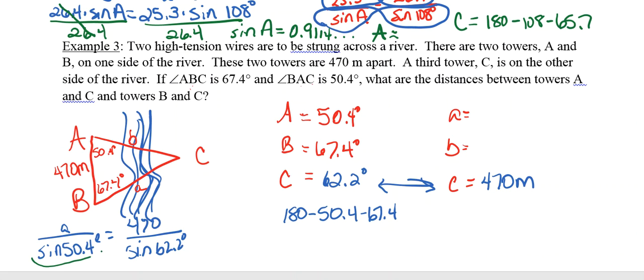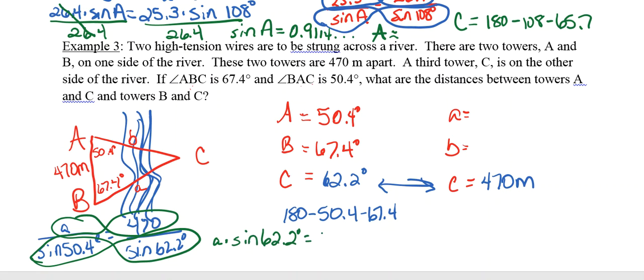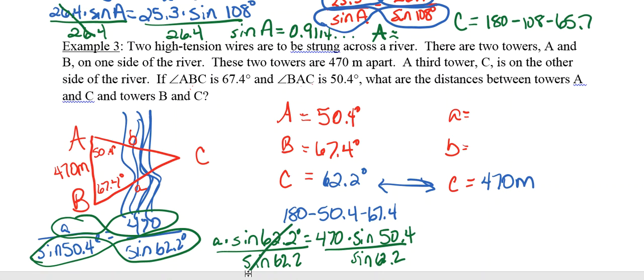Do our cross multiplying. So I have A times sine of 62.2 equals 470 times sine of 50.4, divide by sine of 62.2. 470 times sine of 50.4, close the parenthesis, divided by sine of 62.2.